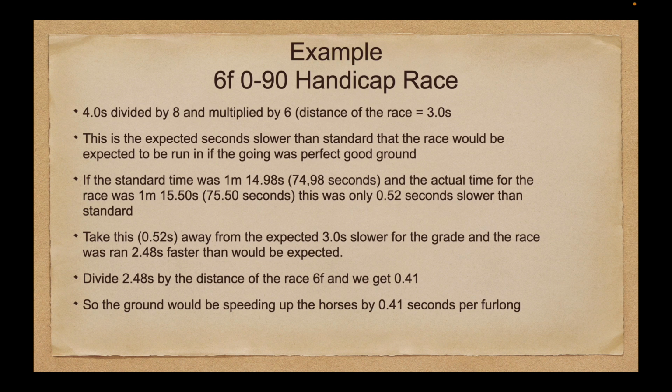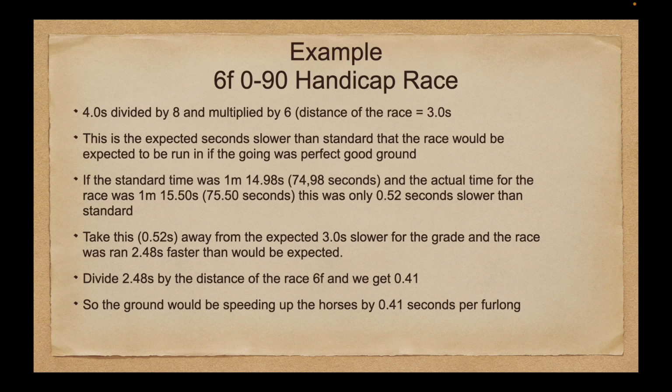So we take this 0.52 seconds away from the expected 3 seconds slower for the grade, and the race was run 2.48 seconds faster than would be expected for the grade of the race.